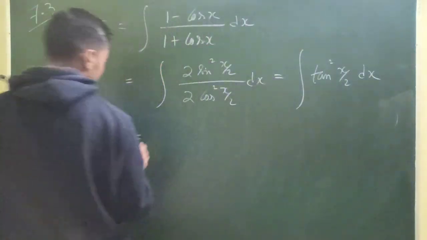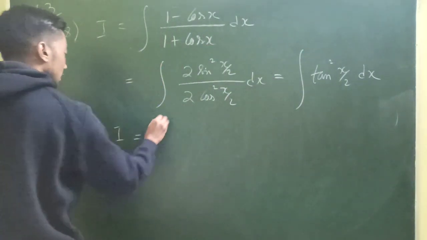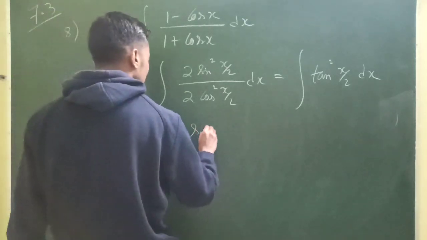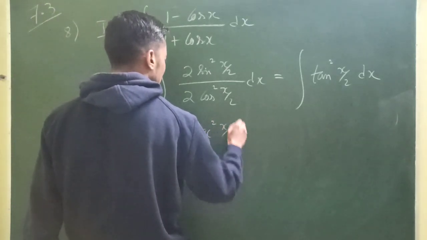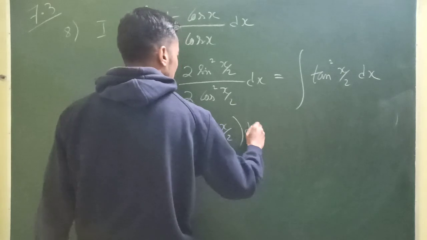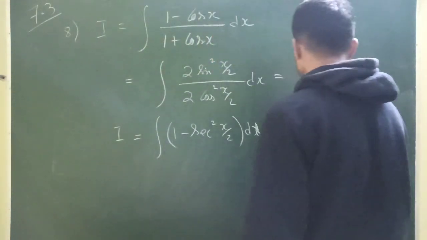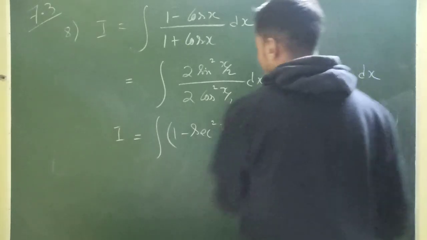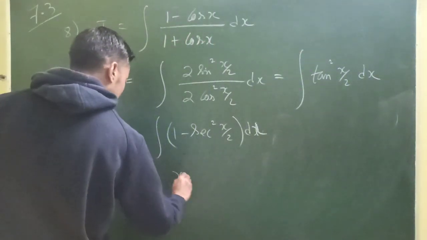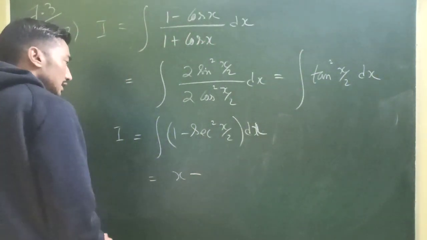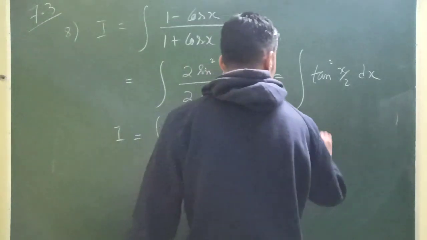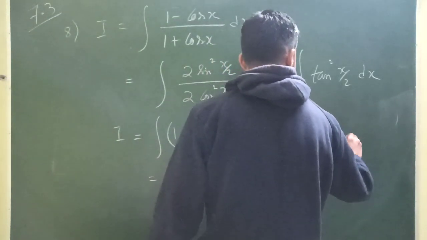Now tan square x, we do not have the integration. That can be written as 1 minus sec square theta upon 2. So now integration of 1 is what? x minus integration of sec square theta. What was the integration of sec square theta with respect to theta?